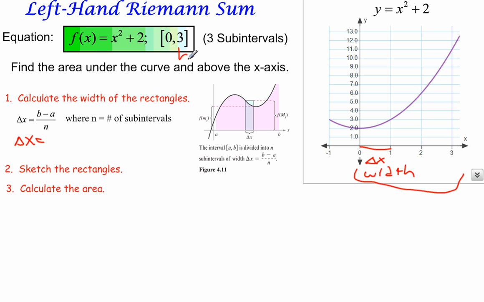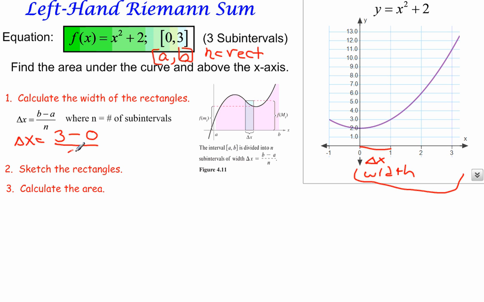B is this endpoint on the right. A is the lower endpoint of the interval that we're interested in calculating area for. So delta x is equal to 3 minus 0, for a, divided by n, and n will represent the number of rectangles or sub-intervals that we're interested in.